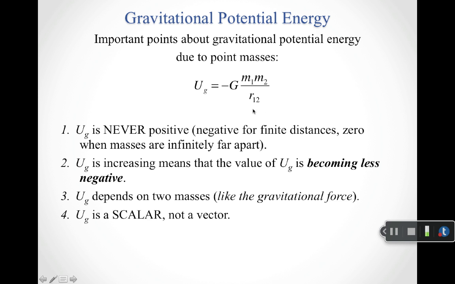Direction doesn't matter in terms of what's going on in this problem. And then finally, we've been dealing with something that looks very similar to this, but now we've got just r in the denominator rather than r squared. So we'll often write this as m1 m2 over r, but that's clearly not m1 m2 over r squared.